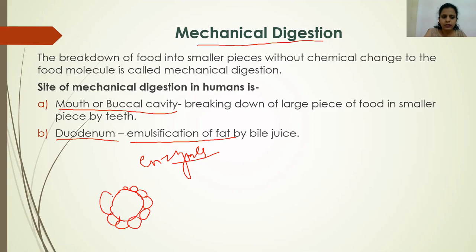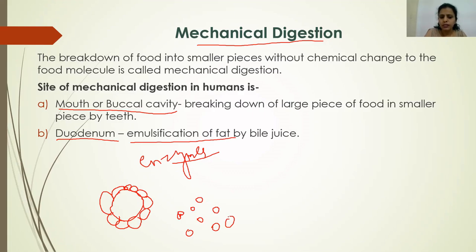Now, if this food is broken down by teeth into smaller pieces, so maybe these are the new food molecules, then one enzyme is sufficient to digest this small piece of food.